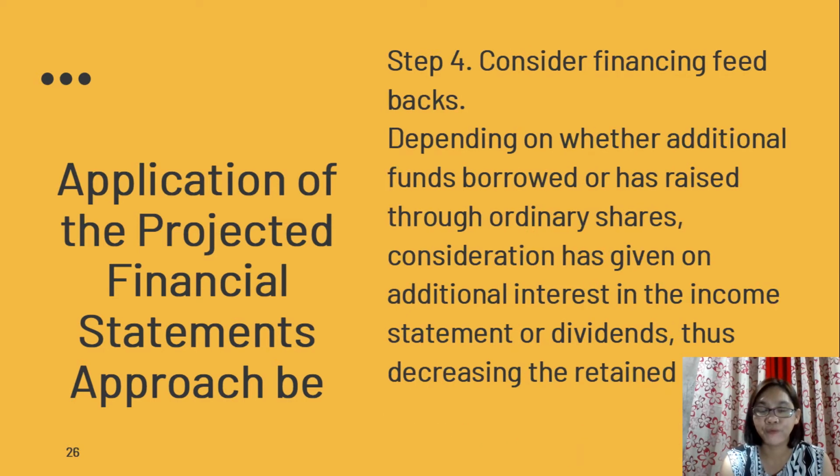Step number 4, consider financing feedbacks. Depending on whether additional funds are borrowed or raised through ordinary shares, consideration is given to additional interest in the income statement or dividends, thus decreasing the retained earnings.